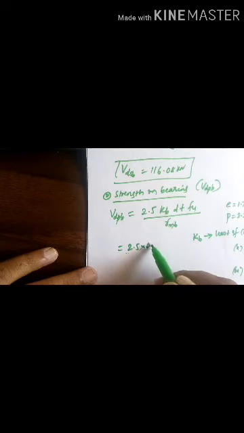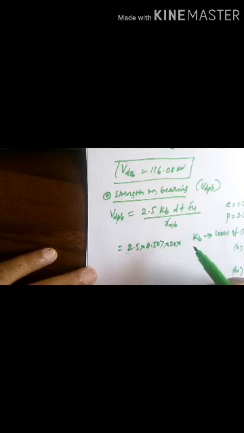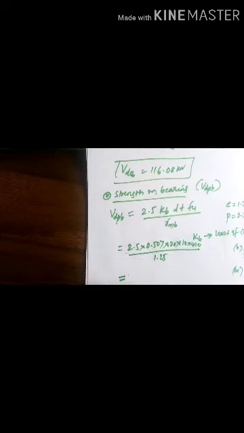Then substitute that value here: 2.5 into 0.507 into diameter of bolt, 20, into thickness of angle, 10, into 410 divided by 1.25. For that you will get the answer 64.98.